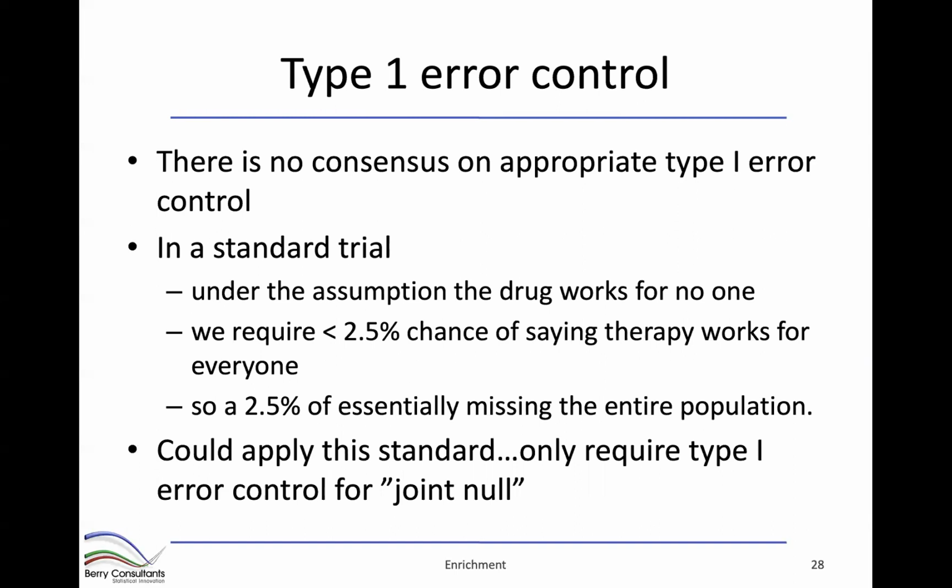So we make homogeneous decisions. We're assuming a homogeneous population. We're basically saying if the therapy works for no one, we want a 2.5% chance of saying the therapy works for everyone. So this is a 2.5% chance of missing the entire population.